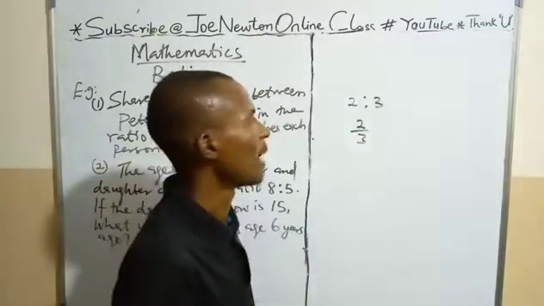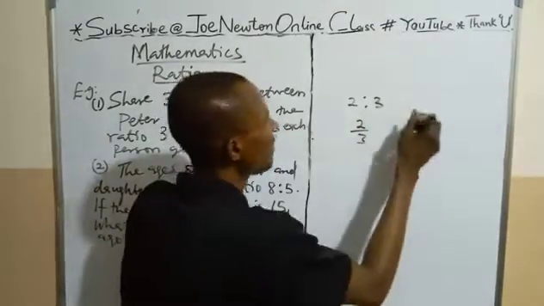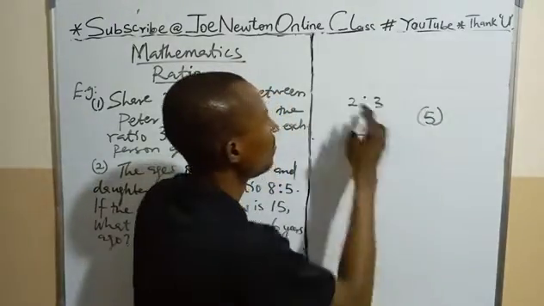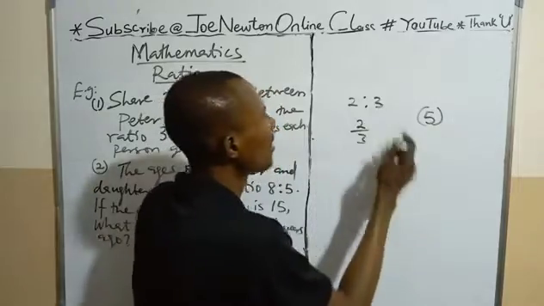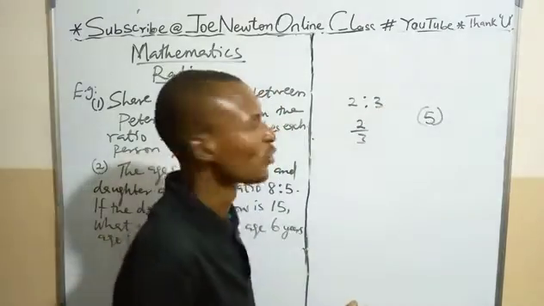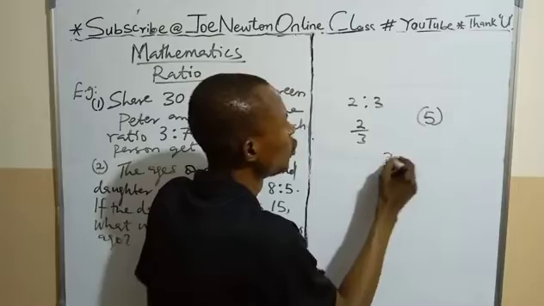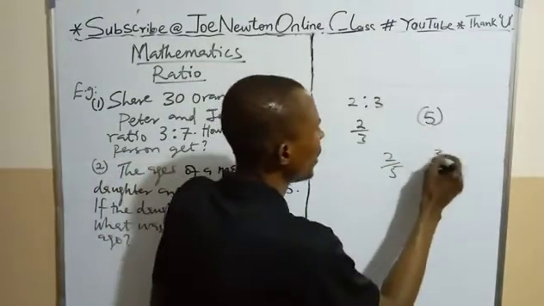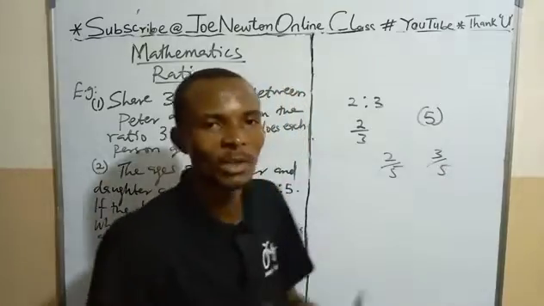By implication, there are 5 things in quantity divided between two persons, because 2 plus 3 is 5. Somebody is getting a portion of 2 out of the 5, and the other person is getting a portion of 3 out of the 5. That's what it implies.